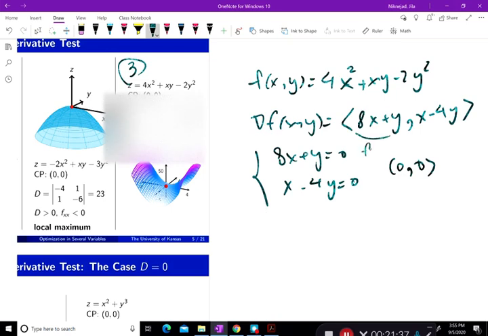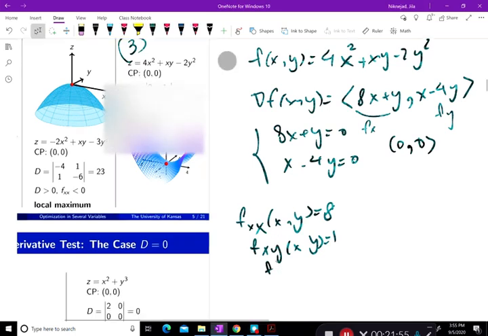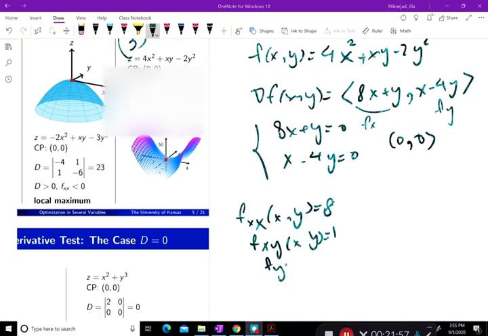Then this is f sub x, this is f sub y. So f sub xx of x and y is equal to 8, f sub xy of x and y equal to 1, f sub yy of x and y equal to negative 4.